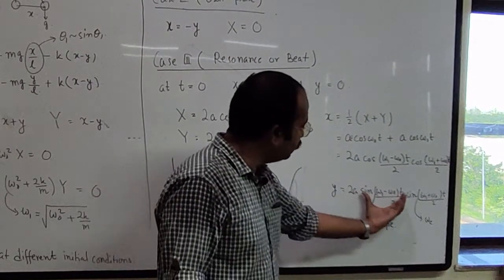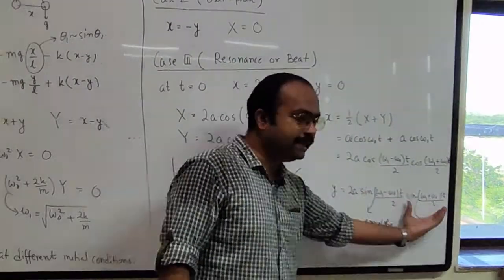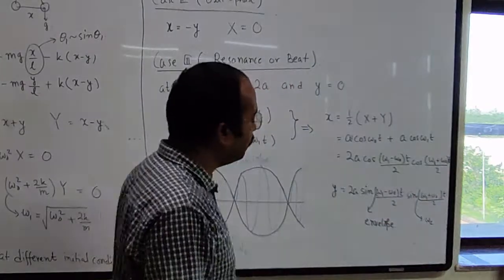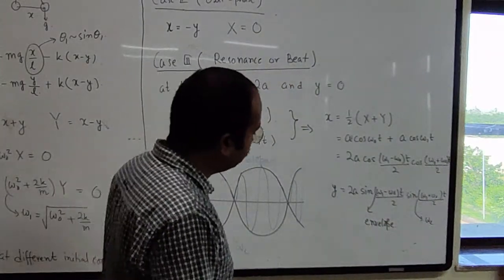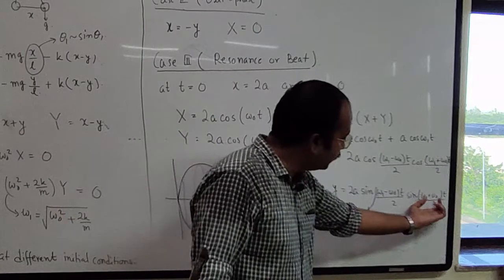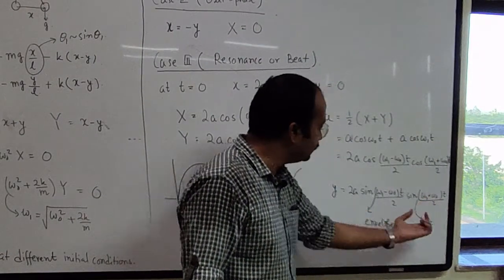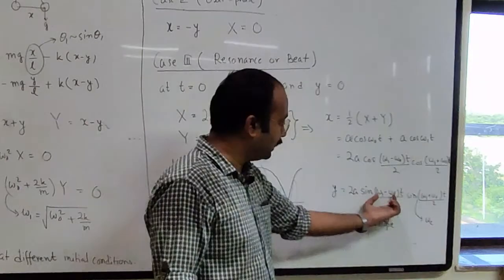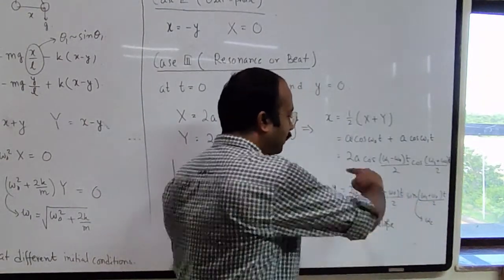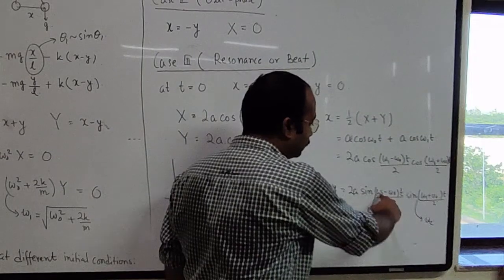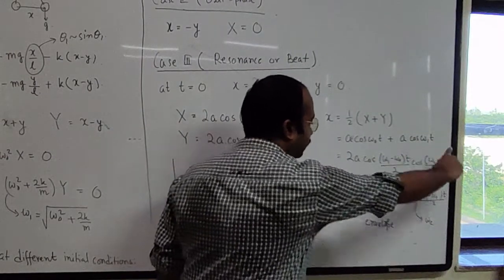This is one sine with some frequency multiplying another sine with some other frequency. Obviously omega 1 plus omega naught is a higher frequency than omega 1 minus omega naught, so this oscillates much faster than this one, which is basically going something like this.